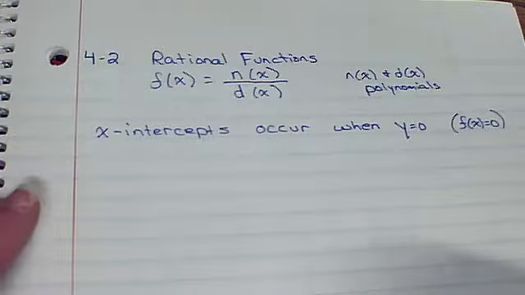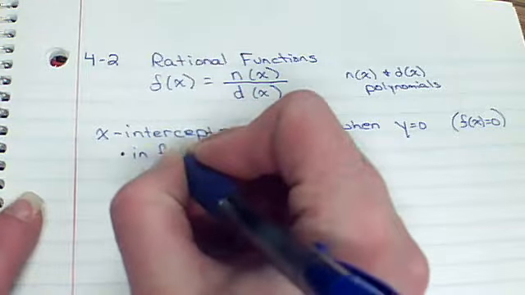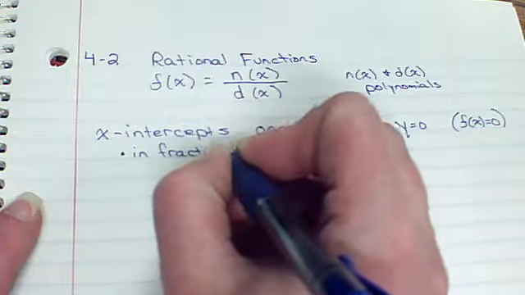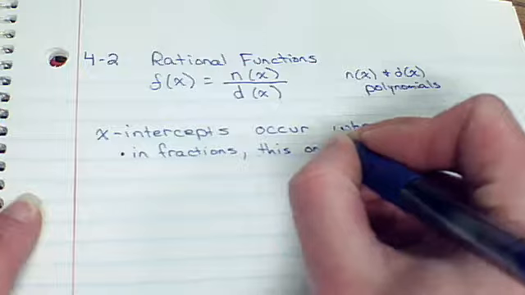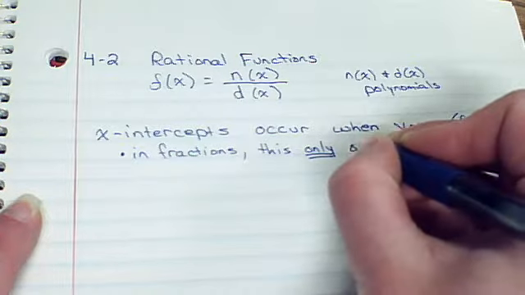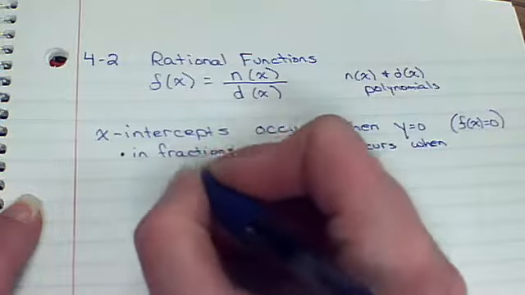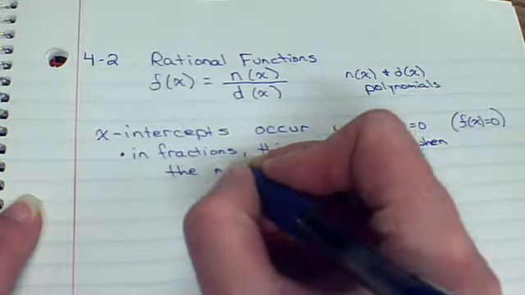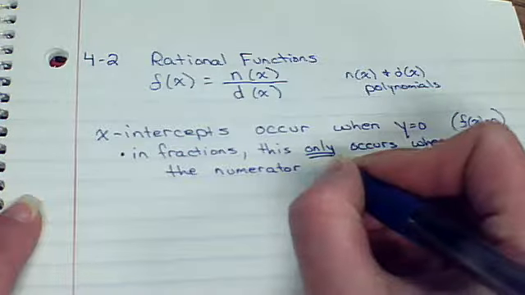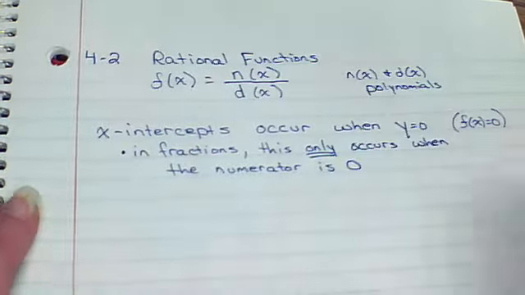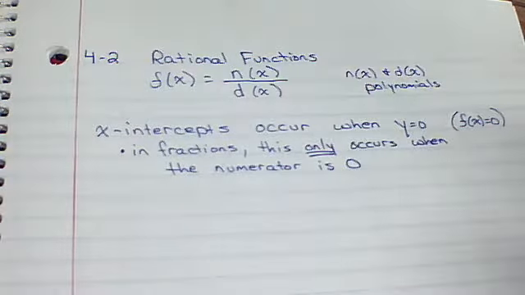Now, since we have a fraction, in fractions, this only occurs when the numerator is 0. So you would set the numerator equal to 0 and solve for x.